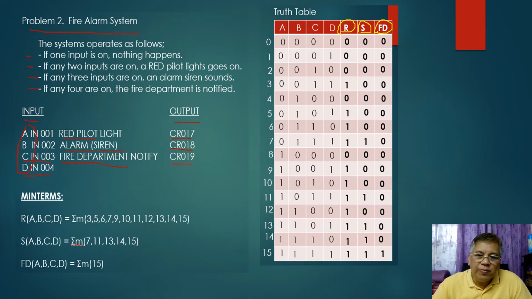So these are your three outputs. Now, based on our condition, it says here if one input is on, then nothing happens. So we will not represent that in the output part of the truth table. And then the second condition says if any two inputs are on, then a red pilot light goes on.